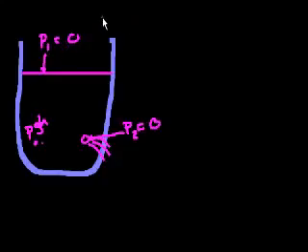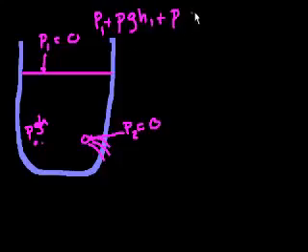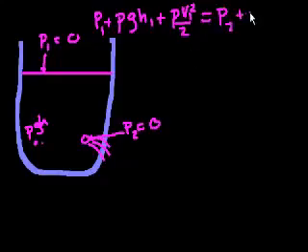So let me rewrite Bernoulli's equation. The input pressure plus rho GH1 plus rho V1 squared over 2 is equal to the output pressure plus rho GH2 plus rho V2 squared over 2.